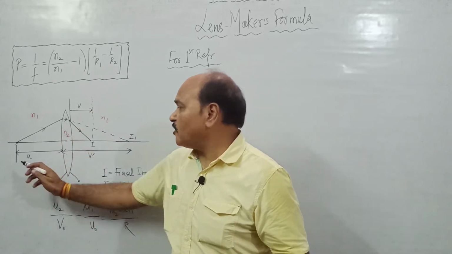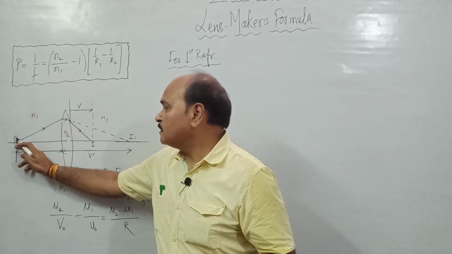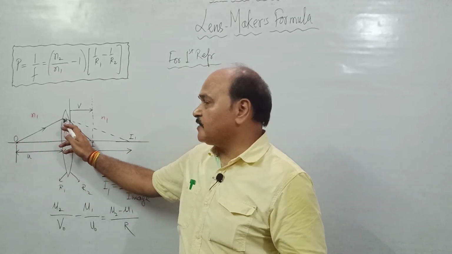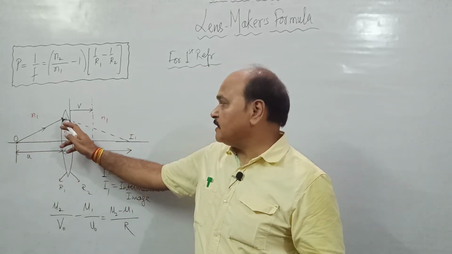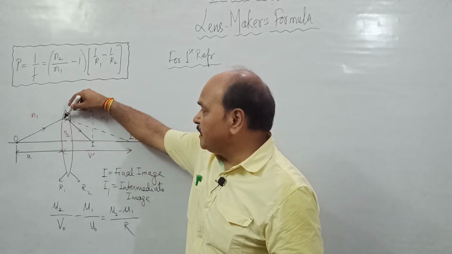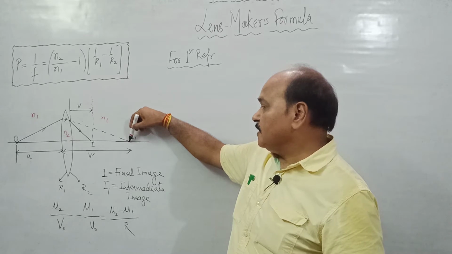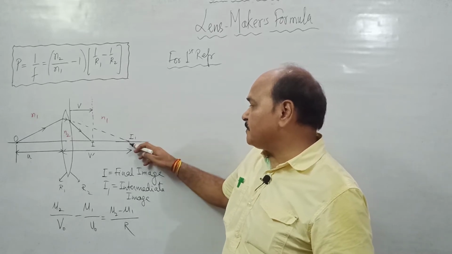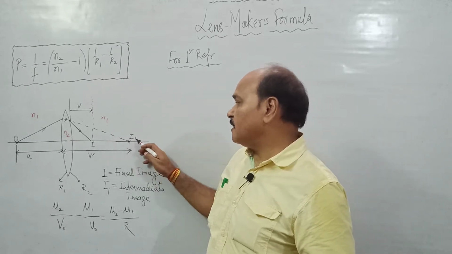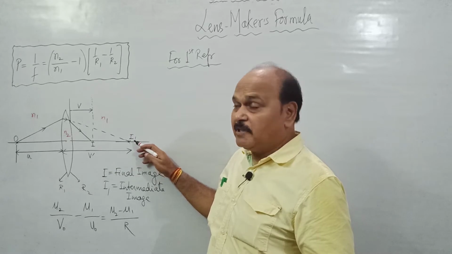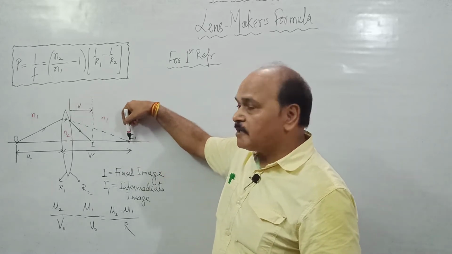If this is object O placed here, the rays would be incident on surface number 1. After striking this surface, they would be refracted, and they try to meet at this particular point I1. But will they be able to meet at this point?